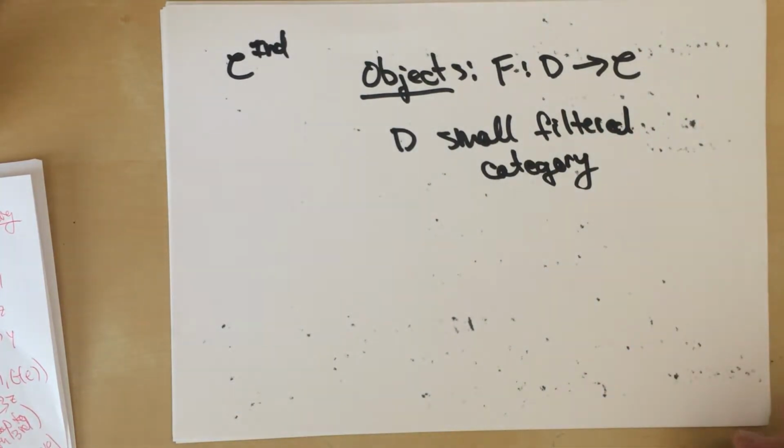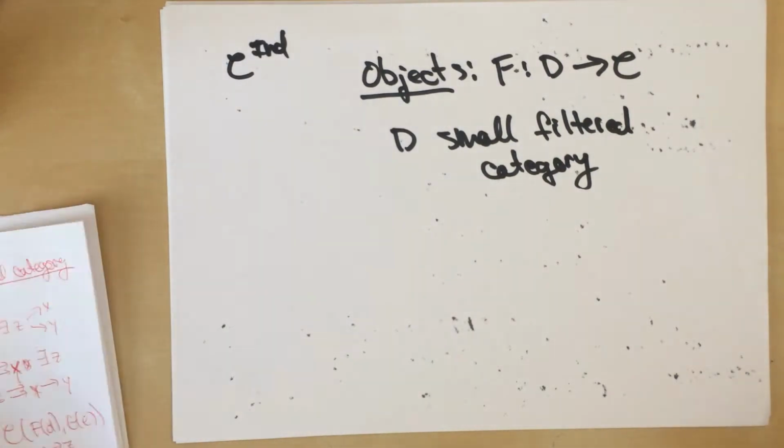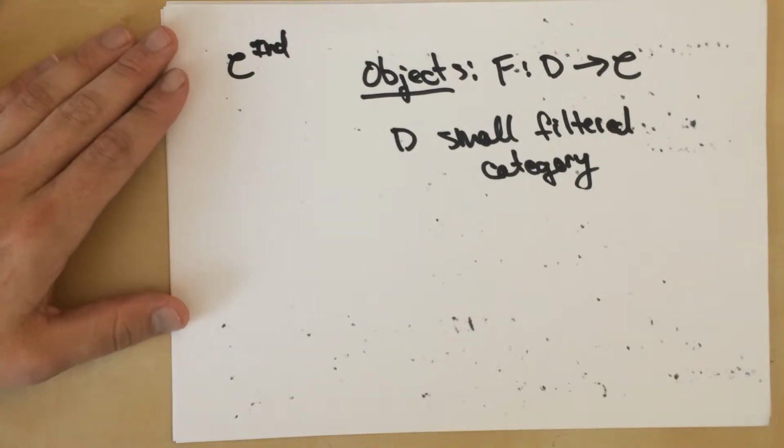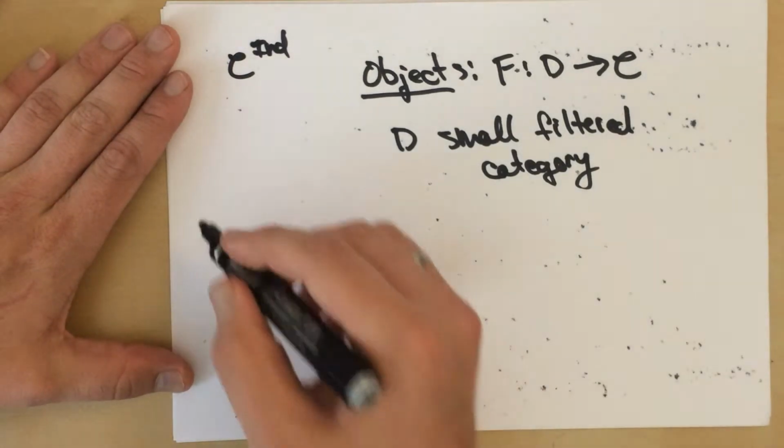Okay, so this is where the objects are, and now to determine what the morphisms are.